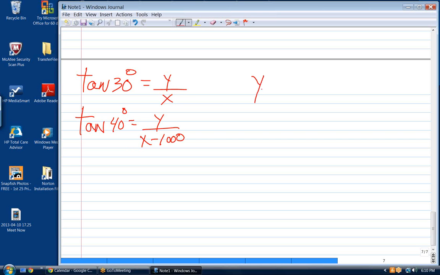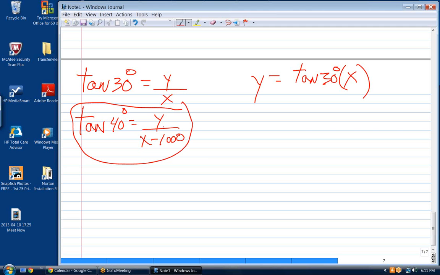So what's y equal to from the top one? y equals tangent of 30 times x. Okay, now we go down to this one and we substitute for y. In other words, we're going to use substitution, not elimination.